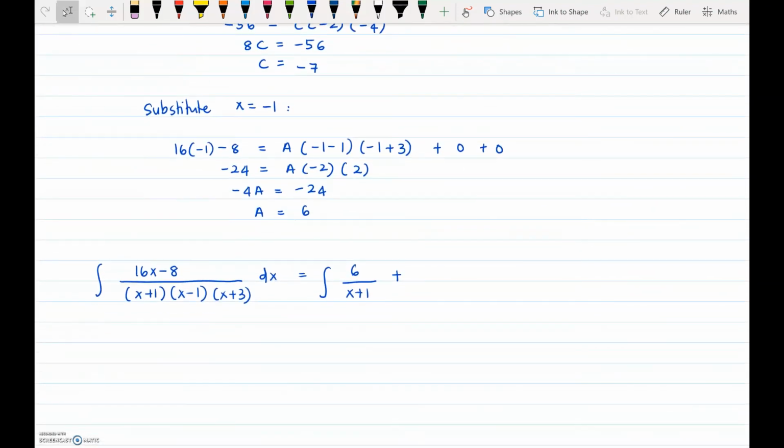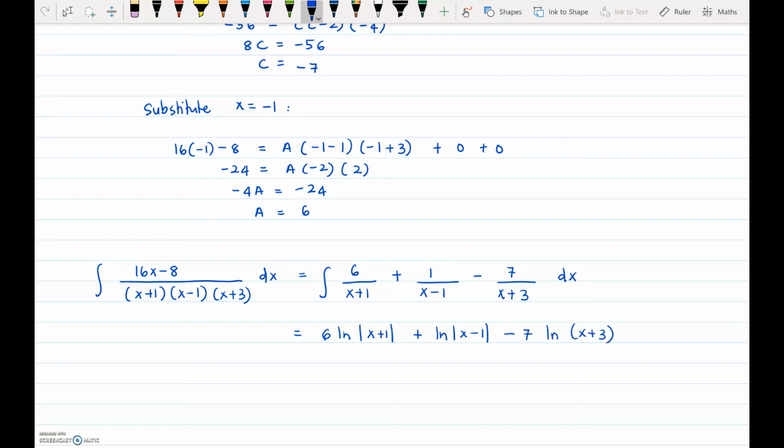Your b is 1, so plus 1/(x - 1) minus 7/(x + 3) dx. When you simplify the integration, we will have 6 ln|x + 1| + ln|x - 1| - 7 ln|x + 3| + C. So this is your final answer.